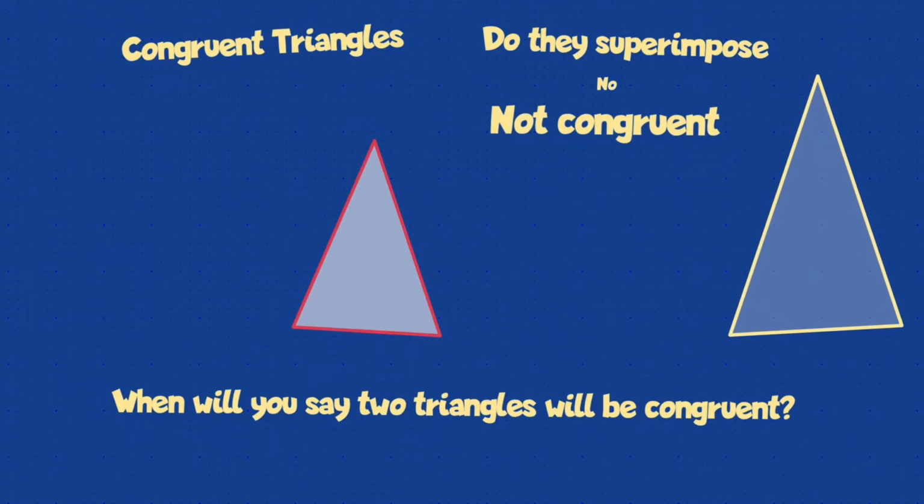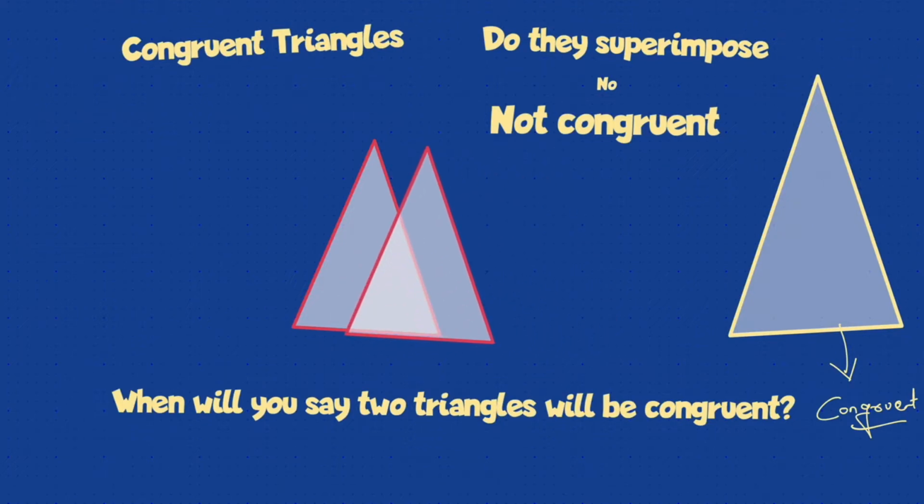When will I say they are congruent? Let's go with this yellow triangle. If I draw a replica of it, it will superimpose on this yellow triangle, which means these two yellow triangles are congruent to each other. Similarly, take this red triangle. I draw a replica of it and I can put it on the red triangle, so the two red triangles are congruent to each other.